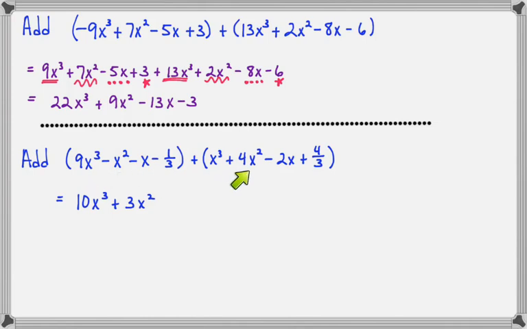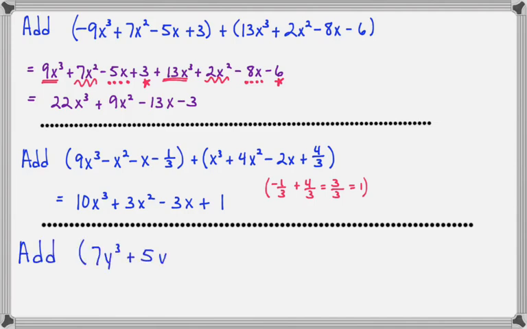Negative x squared plus 4x squared gives us plus 3x squared. Negative x minus 2x gives us negative 3x. And now negative 1/3 plus 4/3 gives us plus 3/3. And 3/3 simplifies to 1. So our final term is 1.